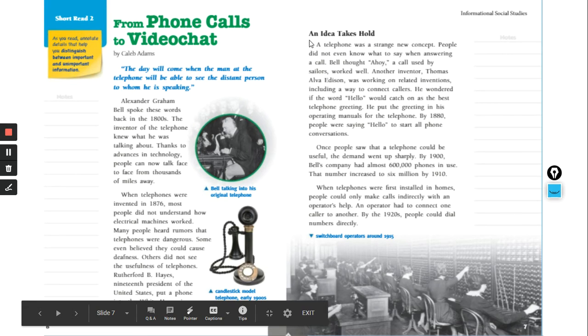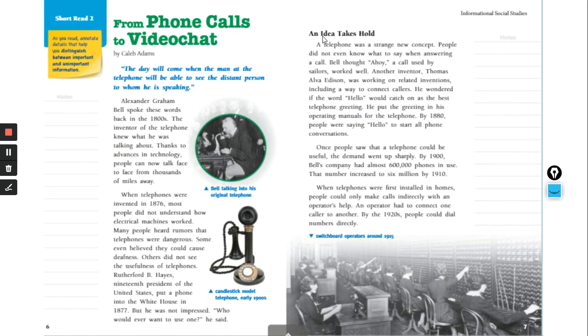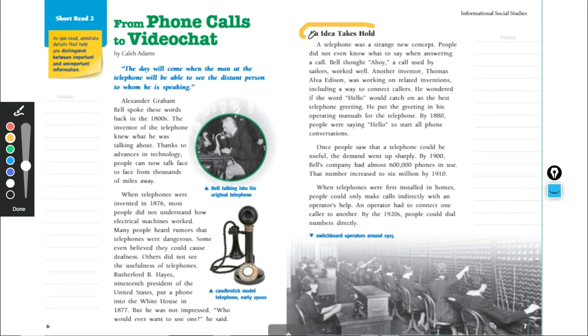And I know when we're talking about an idea takes hold, really that's an idiom that means it becomes popular, where people start widespread all over the world, something is starting to become popular and well known. So I'm looking at that heading here, An Idea Takes Hold, and I'm thinking, I wonder if this is when phones started to become popular.